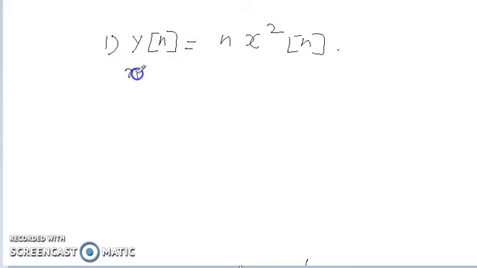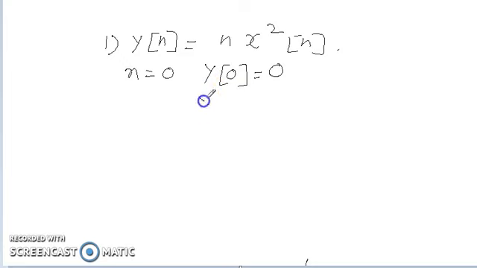First we put n equal to 0 and get the output at the 0th instant. So it will be 0. At the 0th instant we are getting output equal to 0, so we cannot explain anything from this formula.